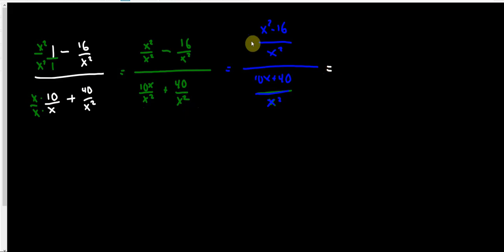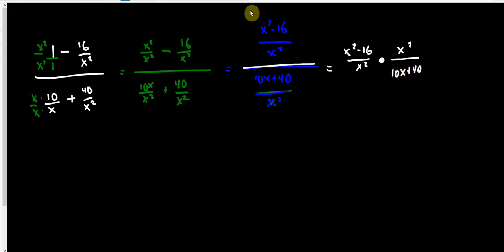I'm going to do my job where I keep the first fraction the same, x squared minus 16 over x squared. I'm going to turn this division into a multiplication and flip the second fraction. So if I flip it, x squared is now on the top, and on the bottom I have 10x plus 40. Okay. I'm out of space. Let me run down here.